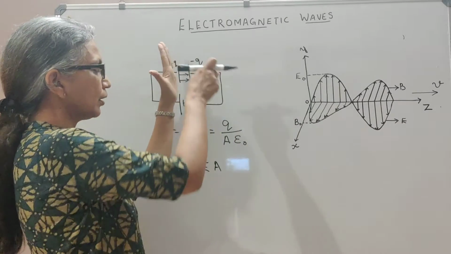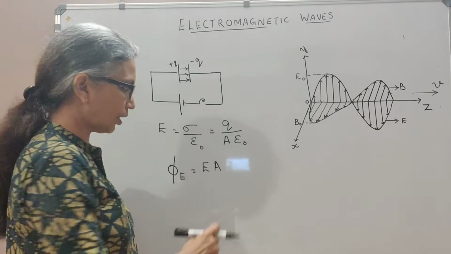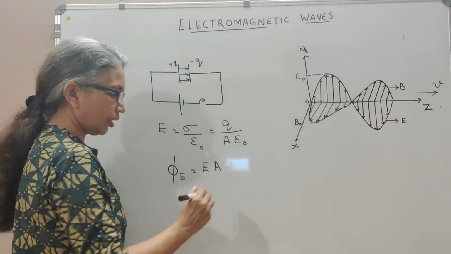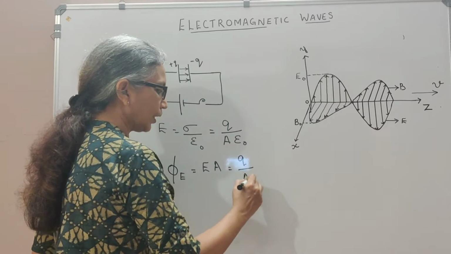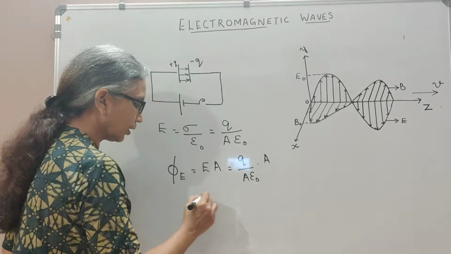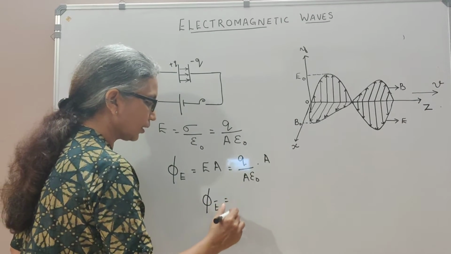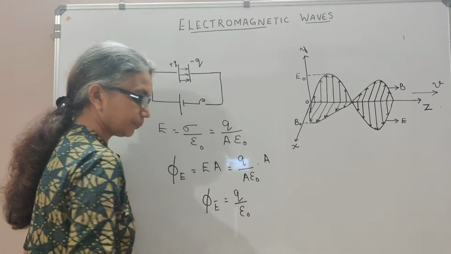If you have a plate here, the electric field and the area are in the same direction, cos 0, and so I may write it as E into A, which is equal to E, I'll substitute as Q by A epsilon 0 into A. So you see that the electric flux between the plates is simply Q by epsilon 0.